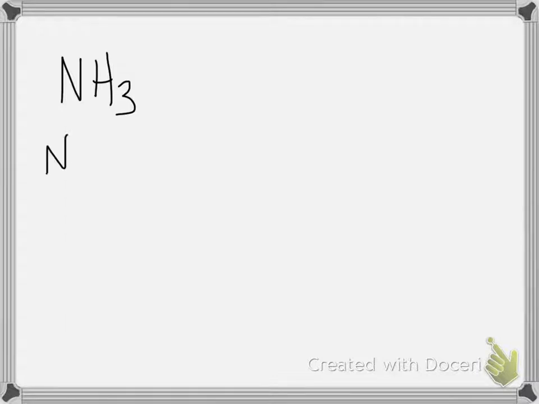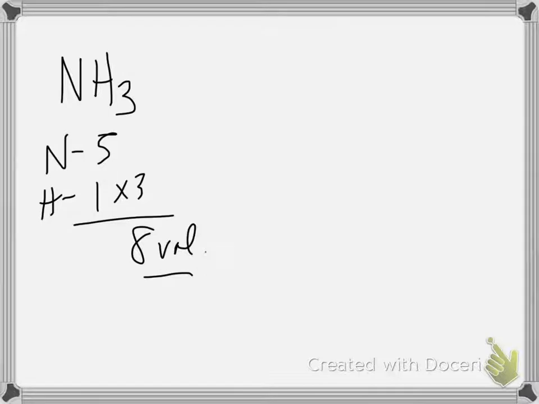So I know that in terms of valence, nitrogen has how many? Nitrogen has 5. You're getting ahead of yourself there, ma'am. Hydrogen has 1. So we have 8 valence electrons.